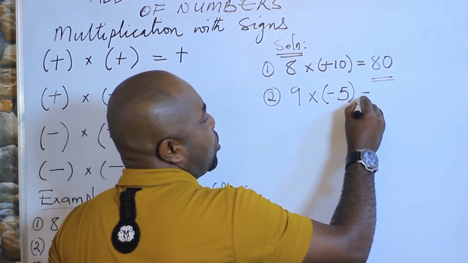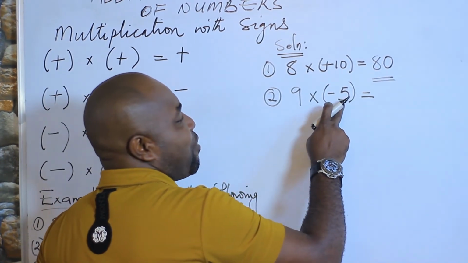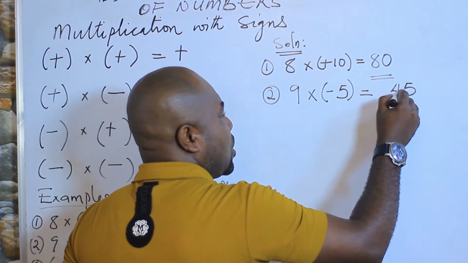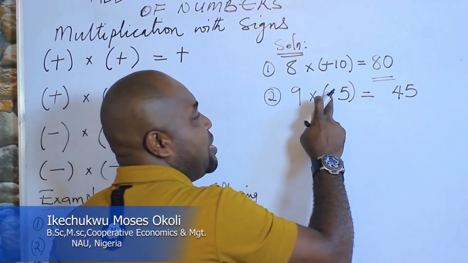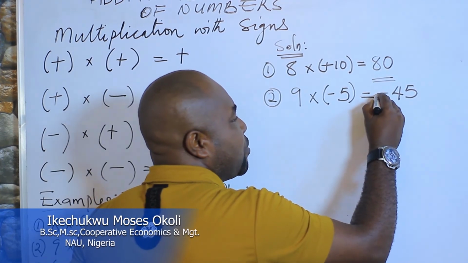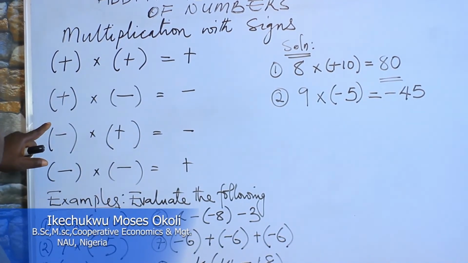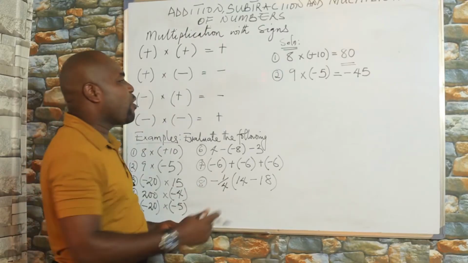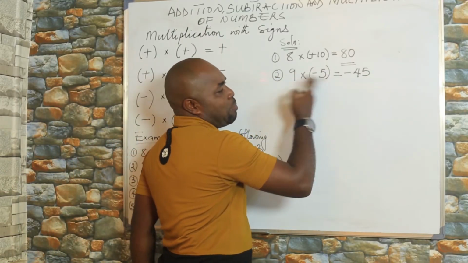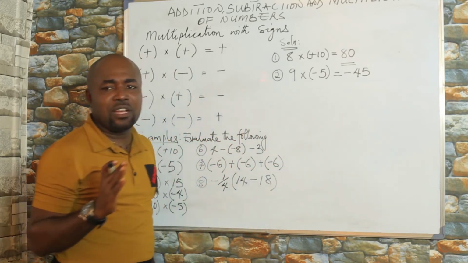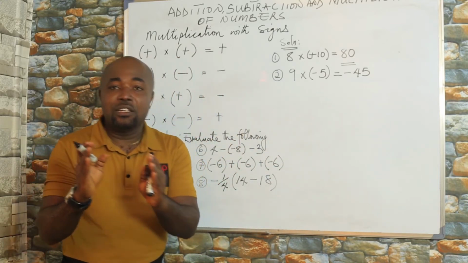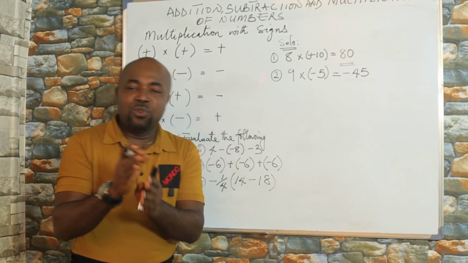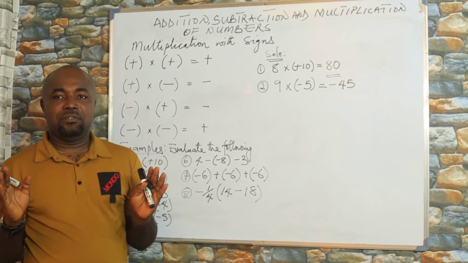This will be equal to 9 times 5 is 45. Positive times negative is negative. First of all, multiply the figures, then multiply the signs, and you get your answer.